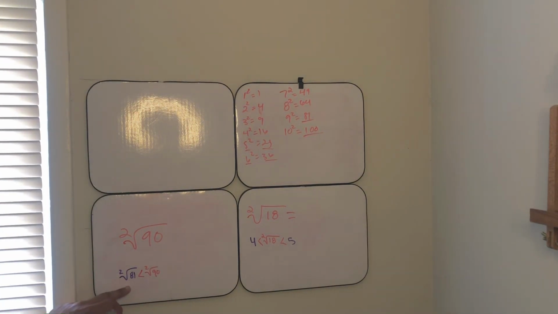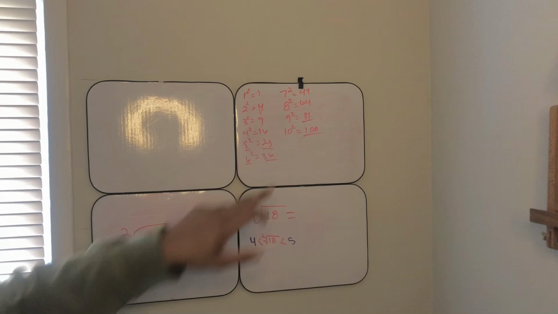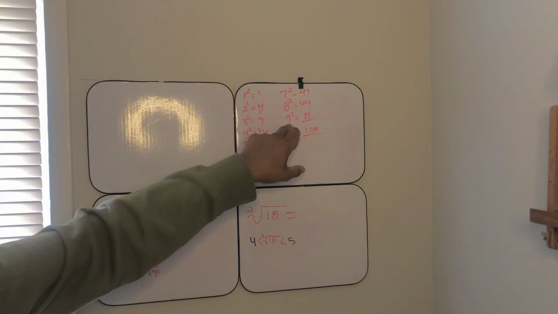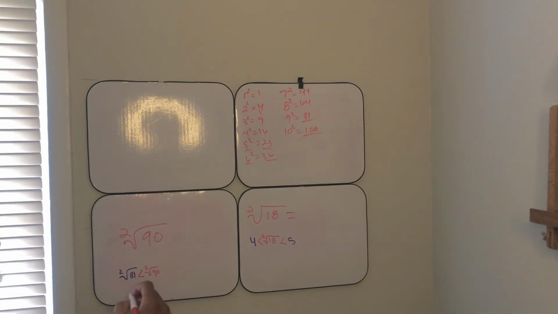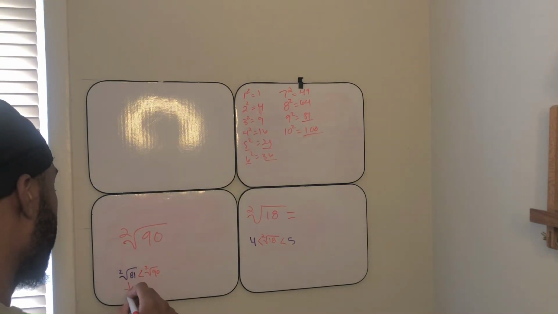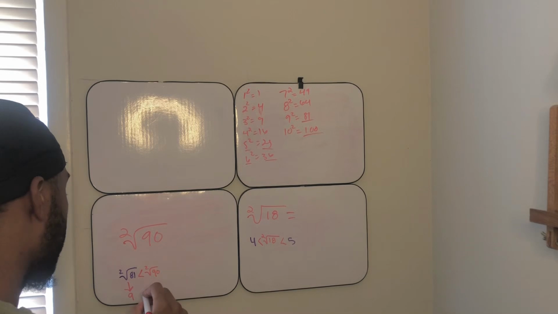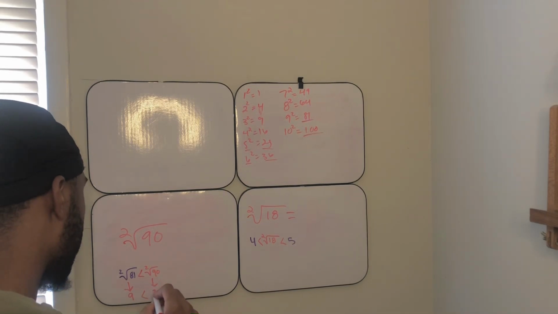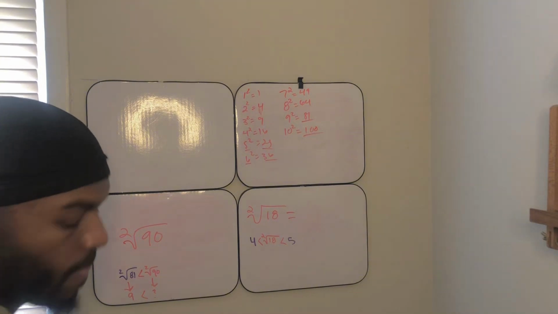Because we already know that this is 9. We don't know exactly what the square root of 90 is, but we know the square root of 81 is 9. So we'll put that right there. We don't know what that is, so we put a question mark.